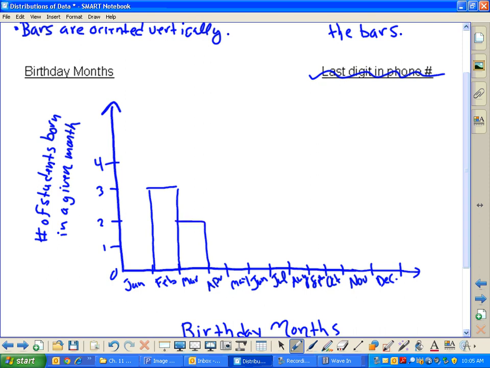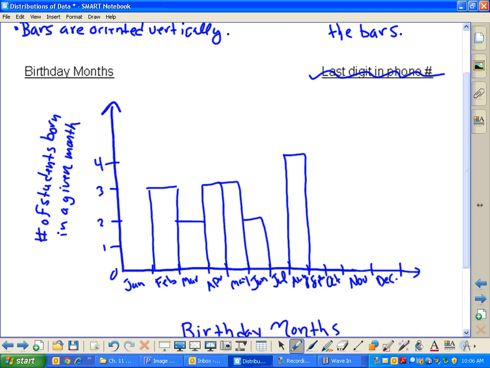April has 3 babies. May also has 3, while June has 2. July's got none, but August, woo, has 4. September has none.